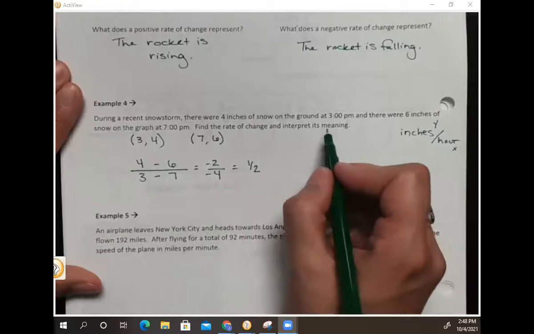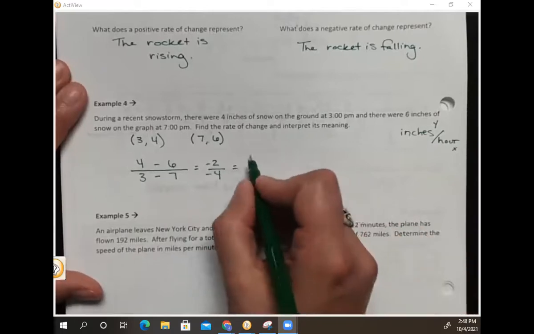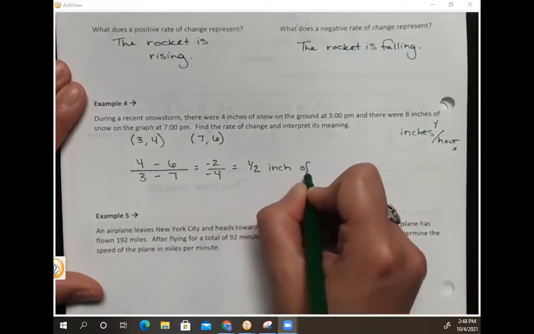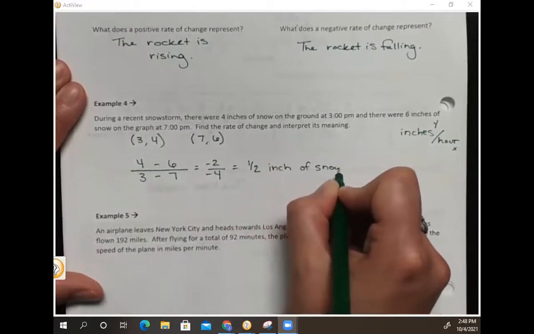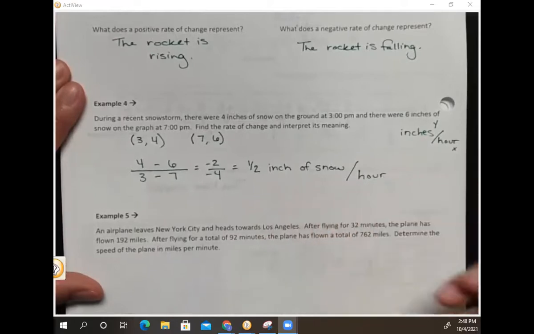And then this interpreted meaning part is, can I appropriately apply the label that I would see here? So this would mean I would have 1/2 inch of snow per hour over this time frame.